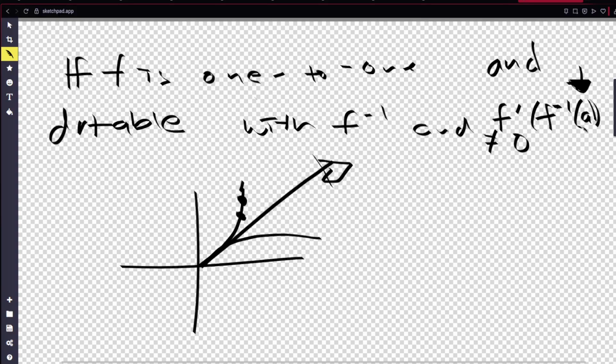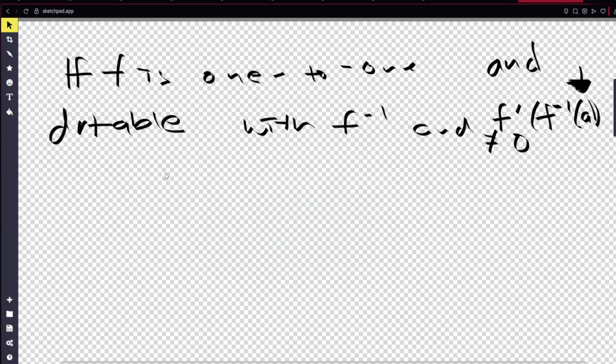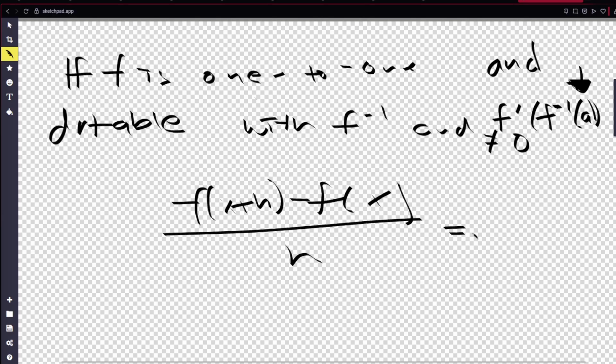Because if f negative 1, the inverse function of a, has a derivative of 0, then that means f prime of a minus f of x over h is going to be equal to 0, which theoretically means that there are two points that have the same y value, such that the differential dy over dx is equal to 0, which means dy is equal to 0.